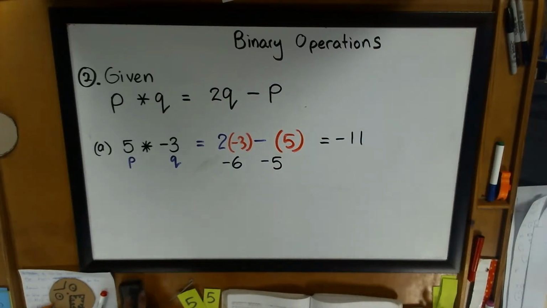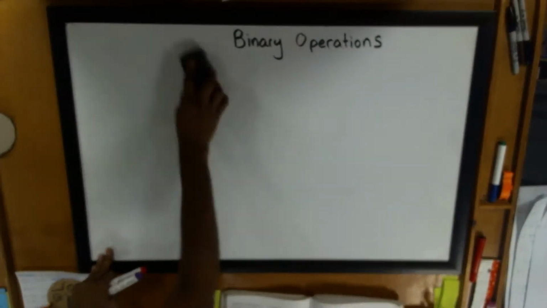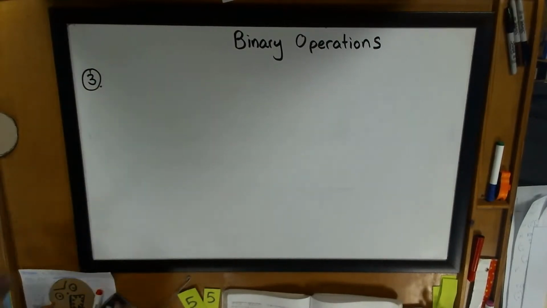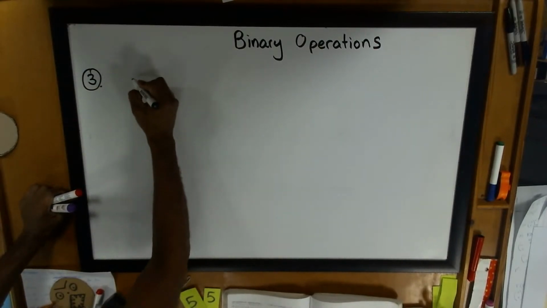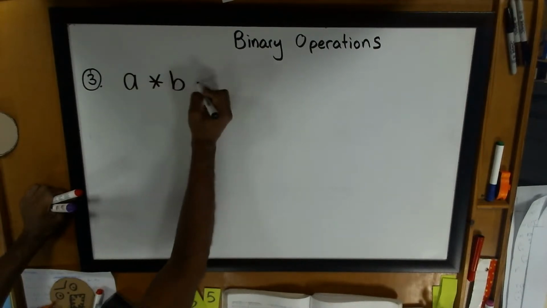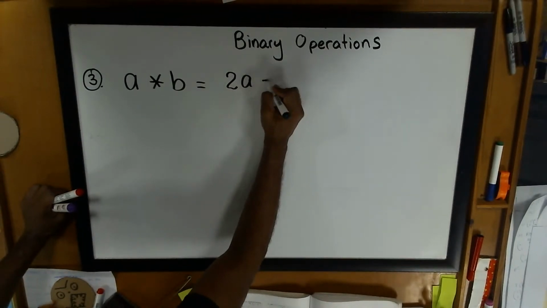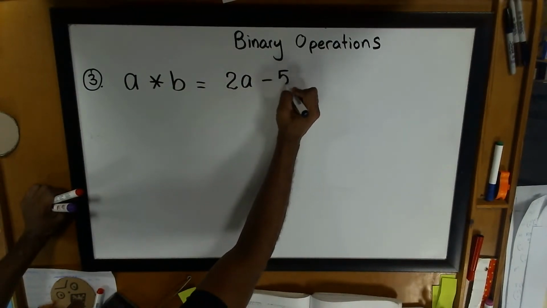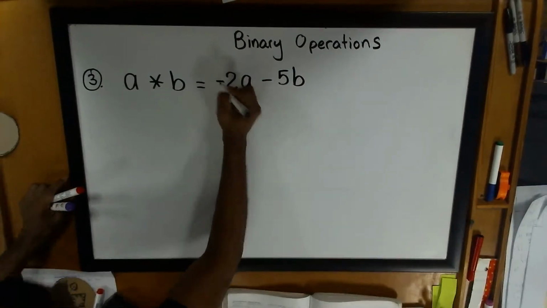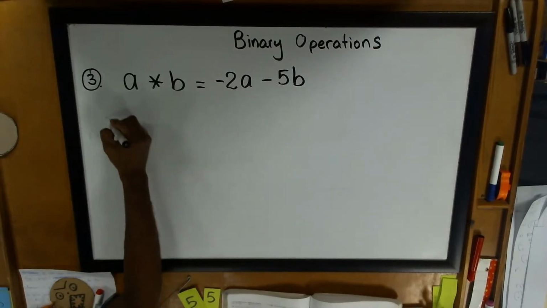Let's try something else. Question 3. Let's go back to A and B. If I tell you A asterisk B is equal to minus 2A minus 5B, here's the question I want you to find.